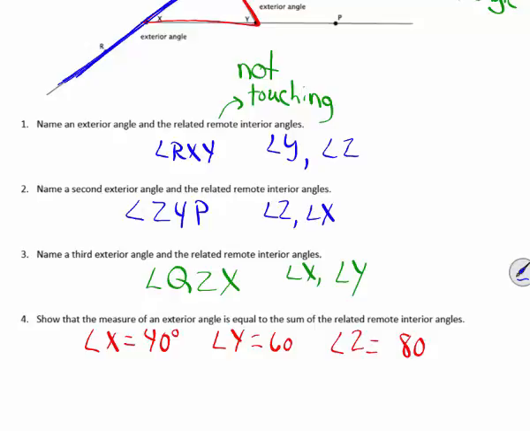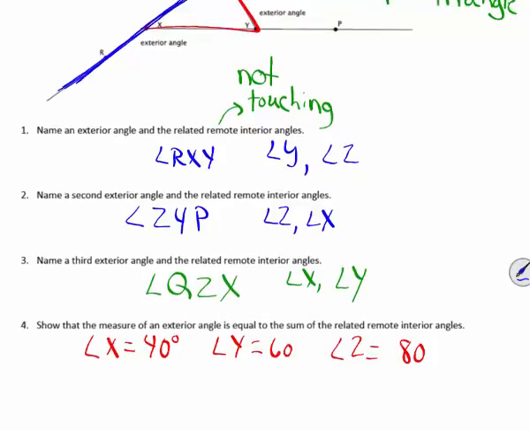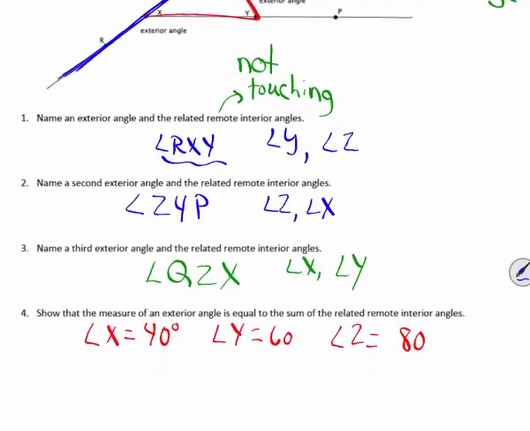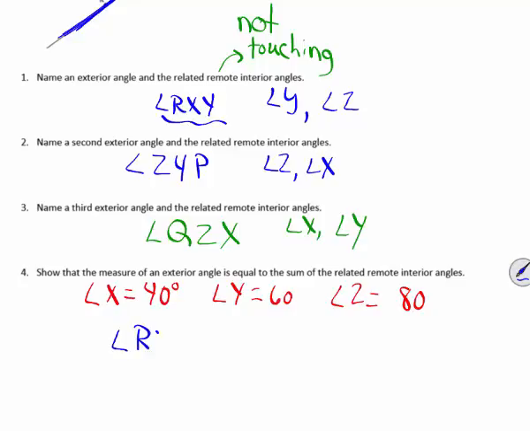So if angle X is 40, I can figure out what angle RXY is. Angle RXY has to be 180 minus angle X, 180 minus 40, 140 degrees.